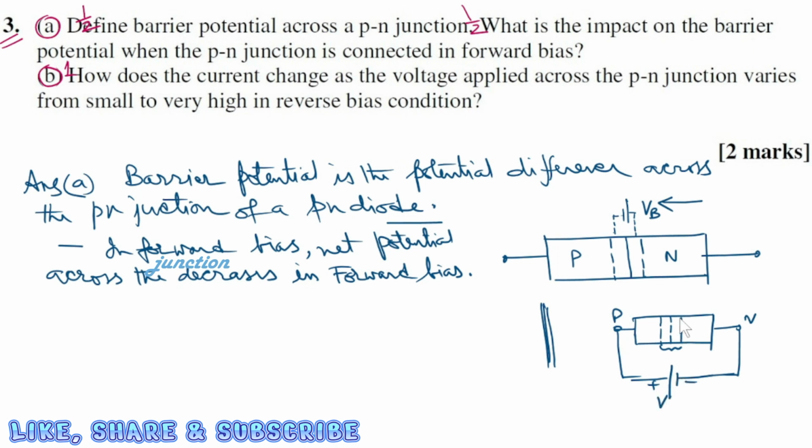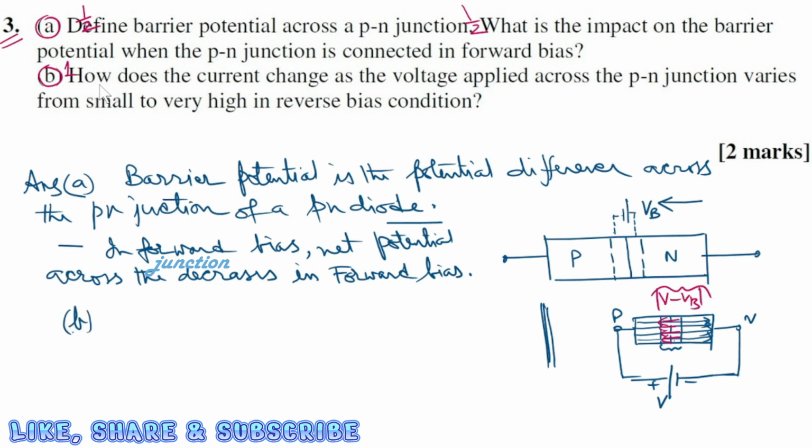Due to this external battery, the direction of the electric field is from P to N. However, the electric field within the PN junction is from N to P. And that is why the net potential difference across the junction is V minus VB modulus. As V increases, this value decreases.